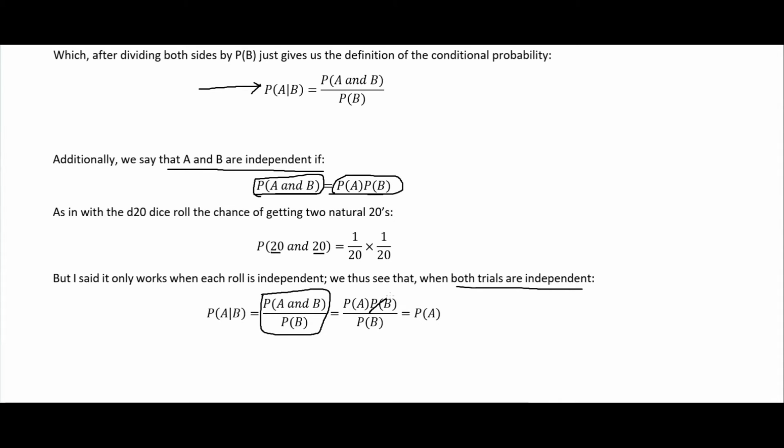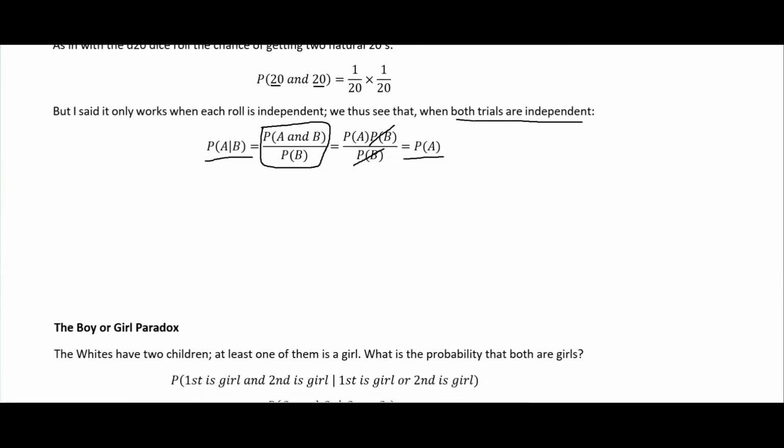And now we just cross these off and we just get the probability of A. So our probability of A given B is equal to our probability of A just by itself. So that is the mathematical definition of independence.